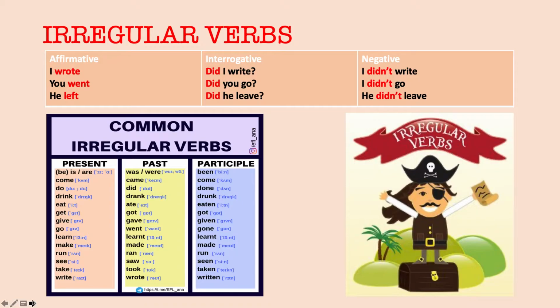Or you can learn the most common irregular verbs first, or you can learn a new verb, and at the same time you can learn its tenses as well, or you can learn them when you listen to songs. And these are just some ideas, and well, you can think of other ways in which to learn the irregular verbs.